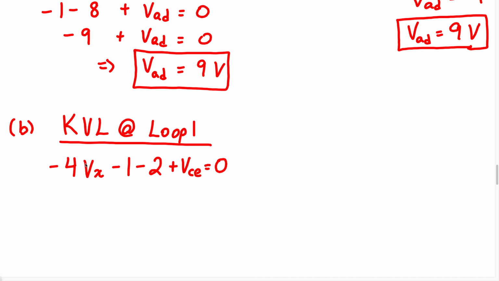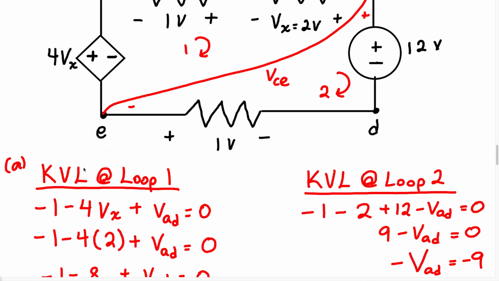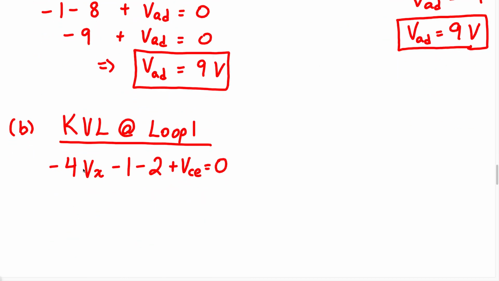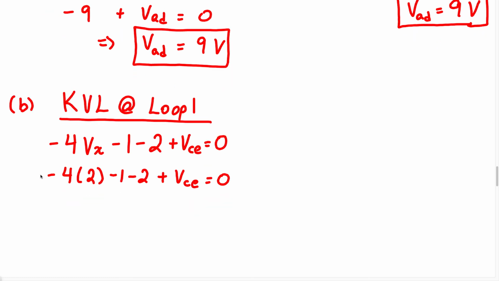And that should equal 0. Alright, so now we have two unknowns. Now we know this is a voltage-dependent voltage source, and the value of Vx, according to our circuit, is just 2 volts. So we're just going to substitute 2 into this equation for Vx. Minus 4 times 2, minus 1, minus 2, plus VCE equals 0. Negative 4 times 2 is going to give us negative 8, minus 1, minus 2, plus VCE equals 0.